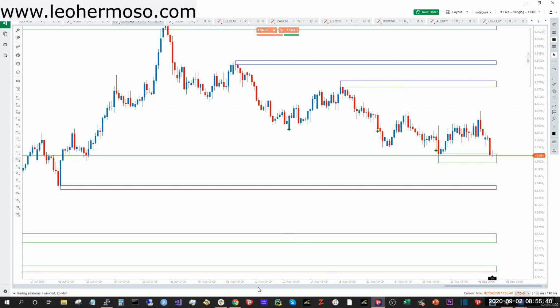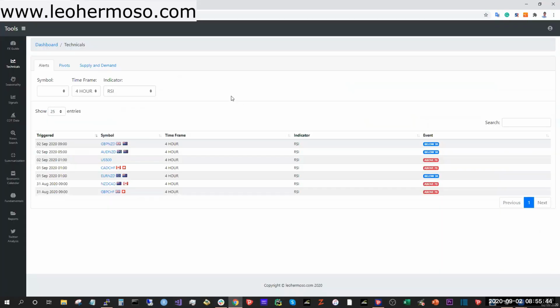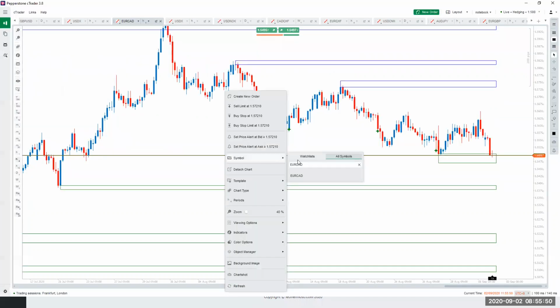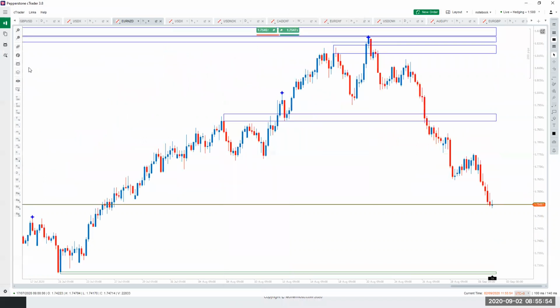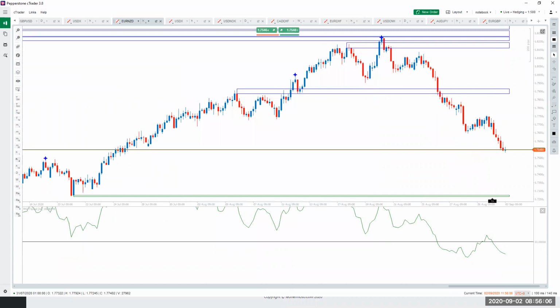So coming back to what we are discussing, we are talking about Euro NZD below RSI of 30 on 4 hours. And if I am not wrong about the code I wrote, I think I'm using, yes, let me just check.